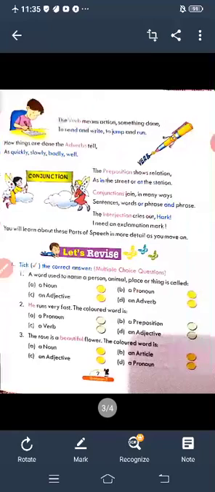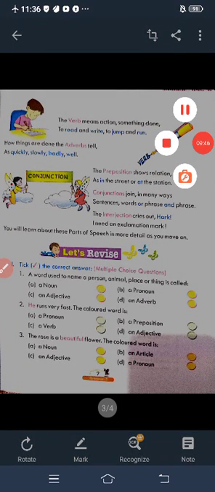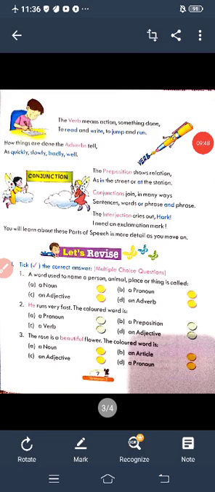Okay. And as I earlier told, in this poem the first line has the name of the part of speech, and in the second line the examples are given to you, dear students. And in detail we will cover this later on.